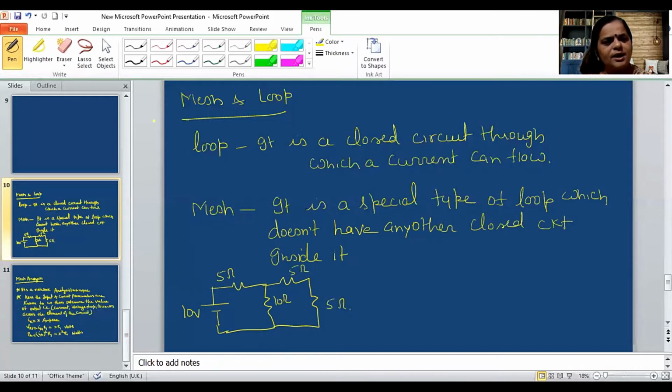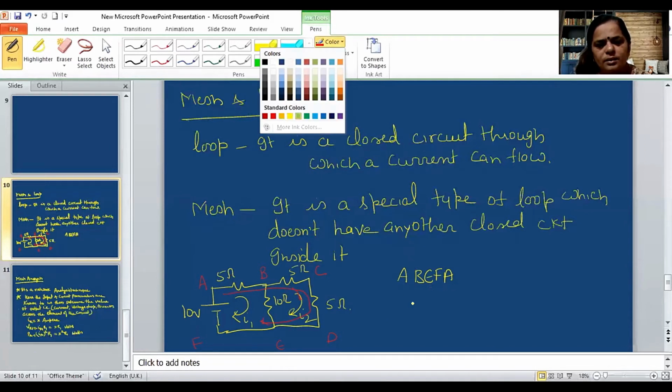If I give the terminology like this, A, B, C, D, E, F, then the circuit has three closed paths through which a current can flow. One is this, another is this, and the third one is the current flowing like this also.